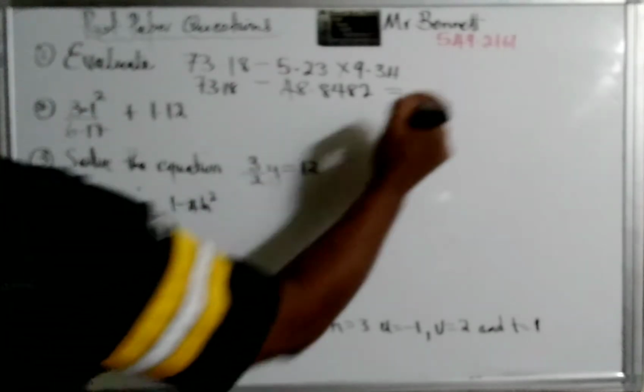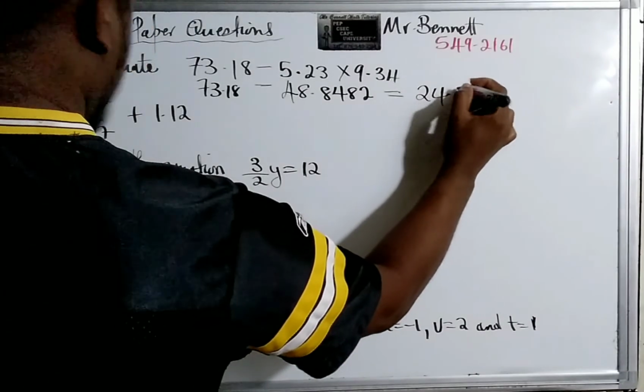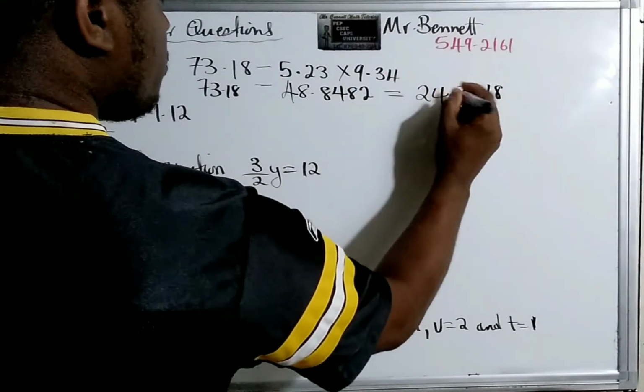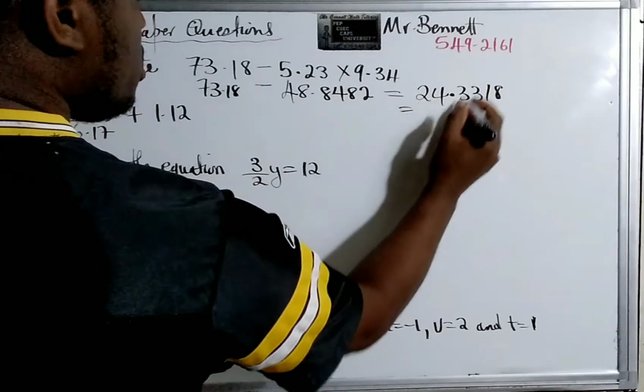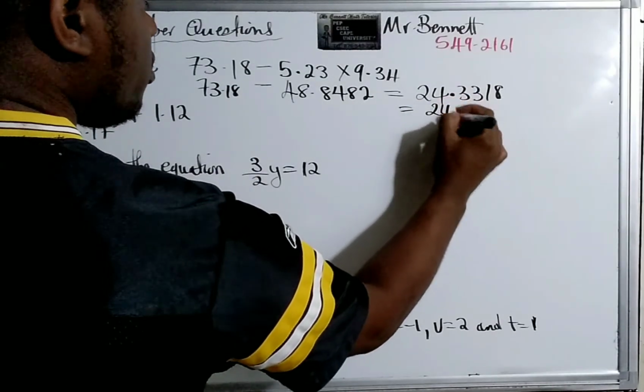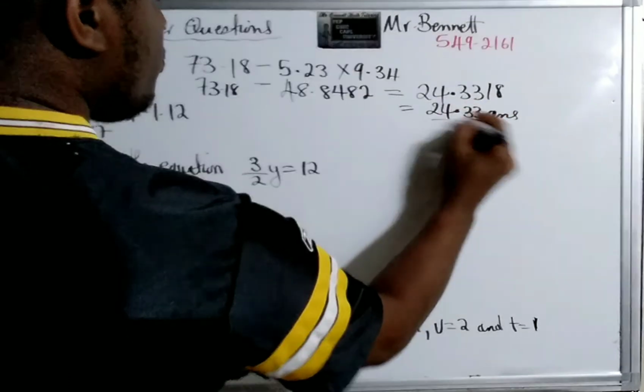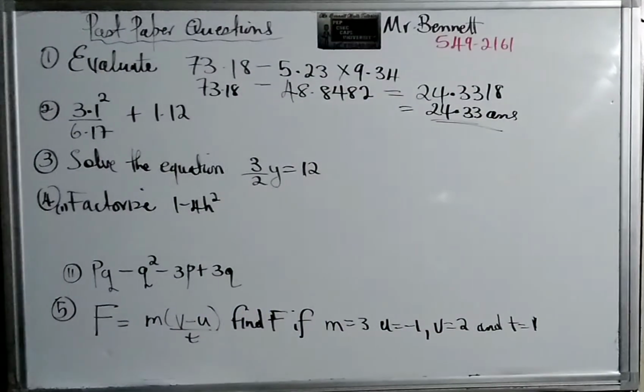That gives us 24.3313. Now they ask for two decimal places, so it would be 24.33. That would be our answer. And that is 2 marks.